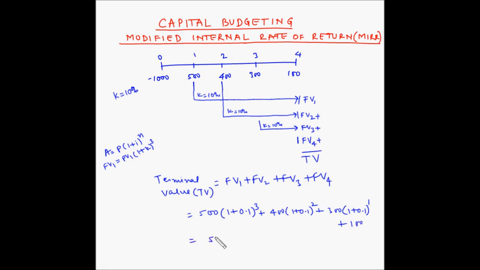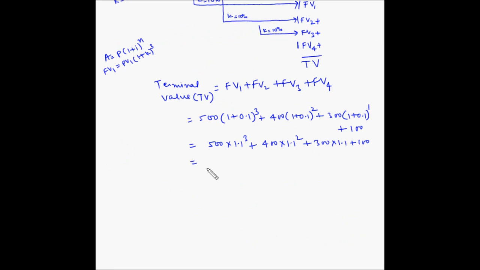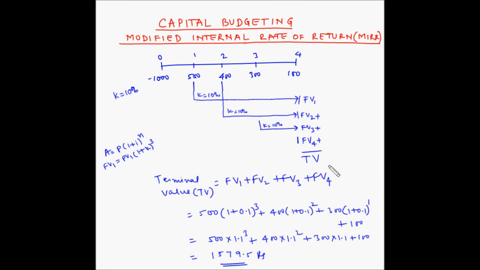So this becomes 500 into 1.1 cube plus 400 into 1.1 square plus 300 into 1.1 plus 100. So this becomes 1579.5 rupees. So this is the value of all the future values of the cash inflows. So the terminal value is 1579.5.